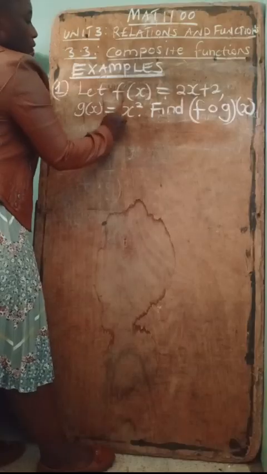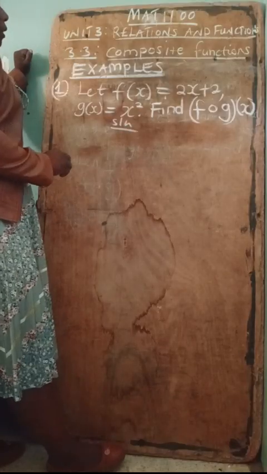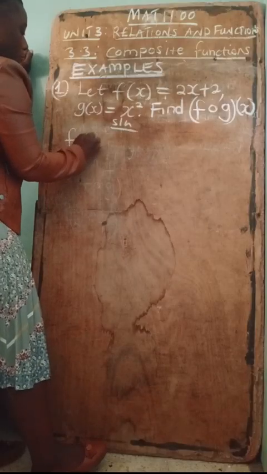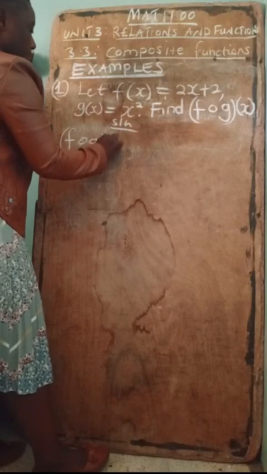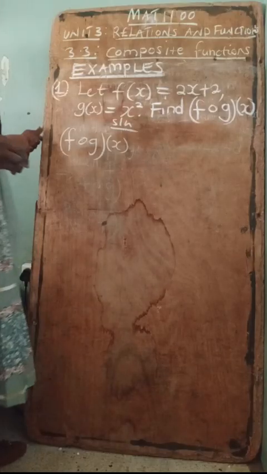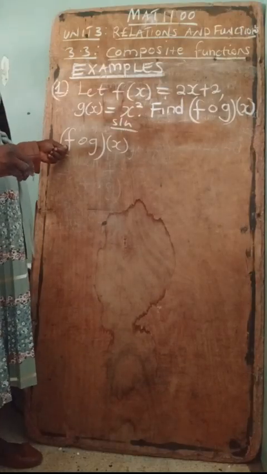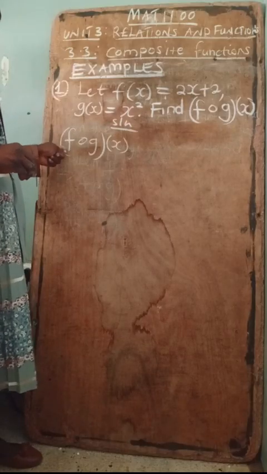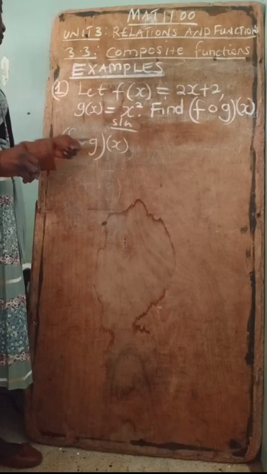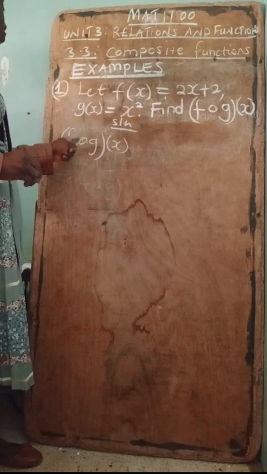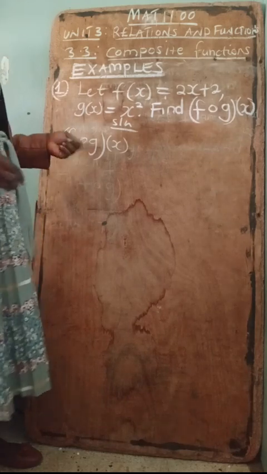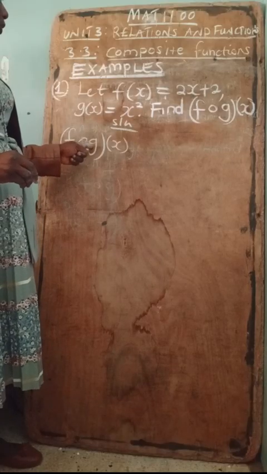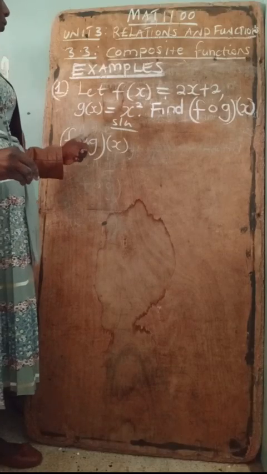Solution. Here we are given to find f of g of x. So how do we combine this? This simply means that in the function of f, where there is x, we are going to put the function of g.